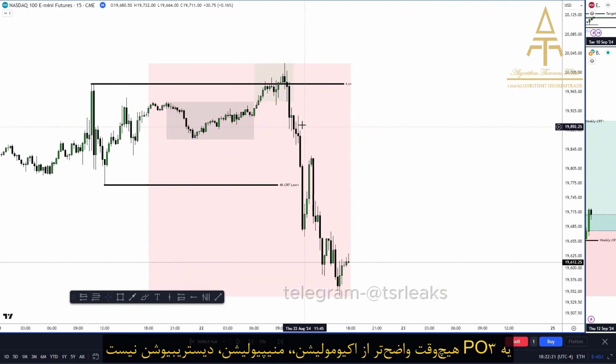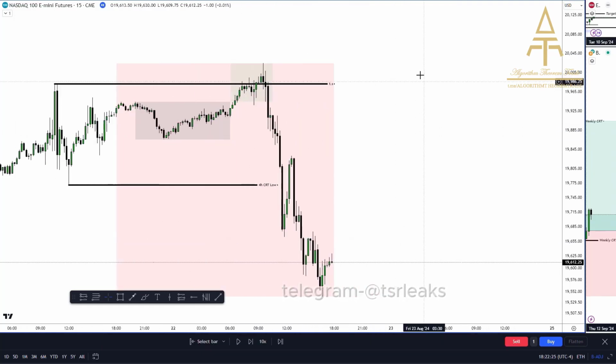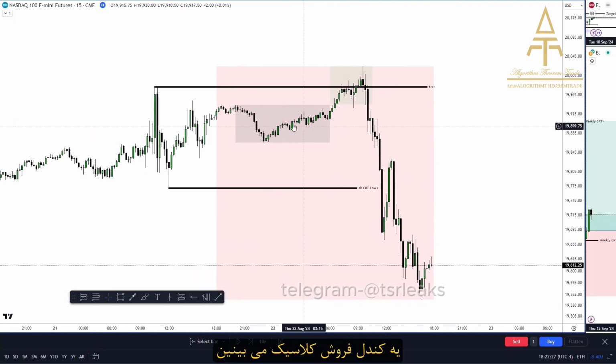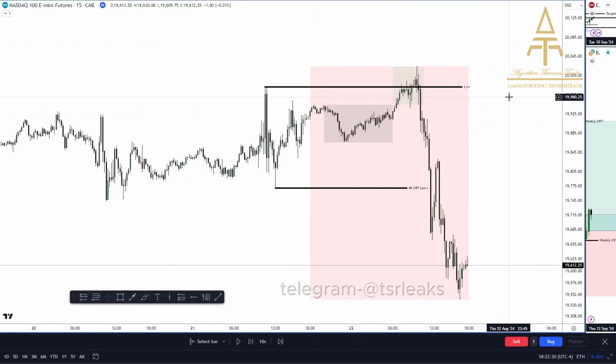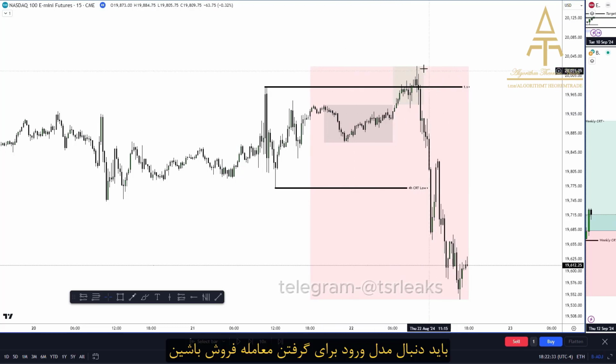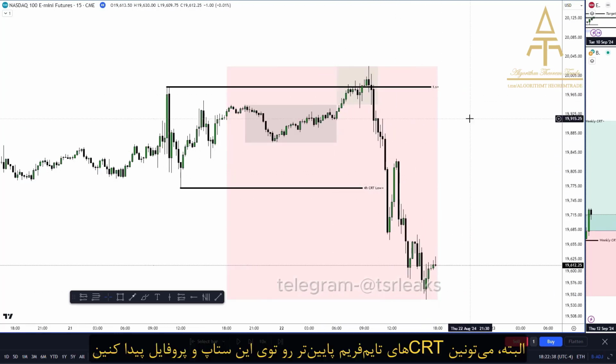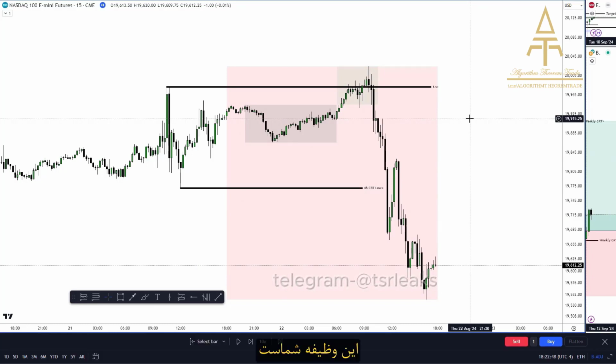A power of 3 will never get any clearer than accumulation, manipulation, distribution, exactly like you see here in a classic sell candle. Right? We are above the candle's open. You look for your entry model to get short. Now, of course, you can find lower time frame CRTs within this setup, within this profile. That is your job to do.